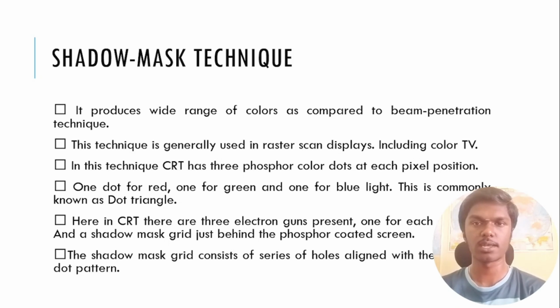This is commonly known as a dot triangle. Here in the CRT, there are three electron guns present, one for each color dot, and a shadow mask grid just behind the phosphor coated screen. The shadow mask grid consists of a series of holes aligned with the phosphor dot pattern.